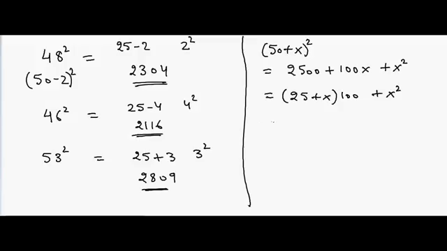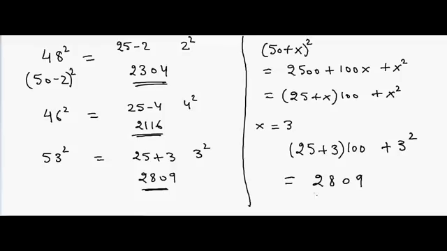So now as you can see, if x is equal to 3, then I'm adding 25 plus 3, right, and then I'm adding 3 square, so the answer is equal to 2809. This is how this trick works.